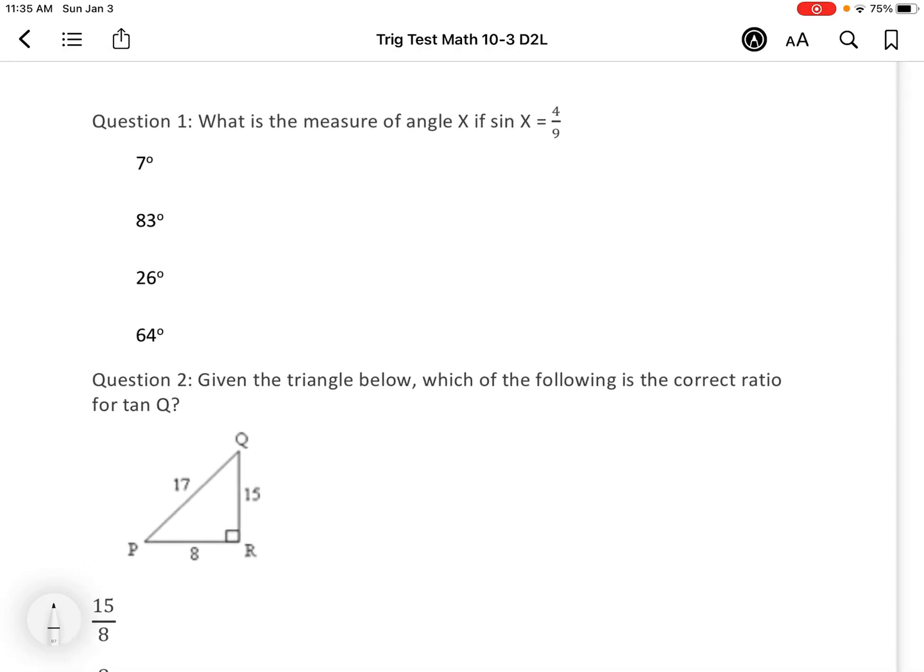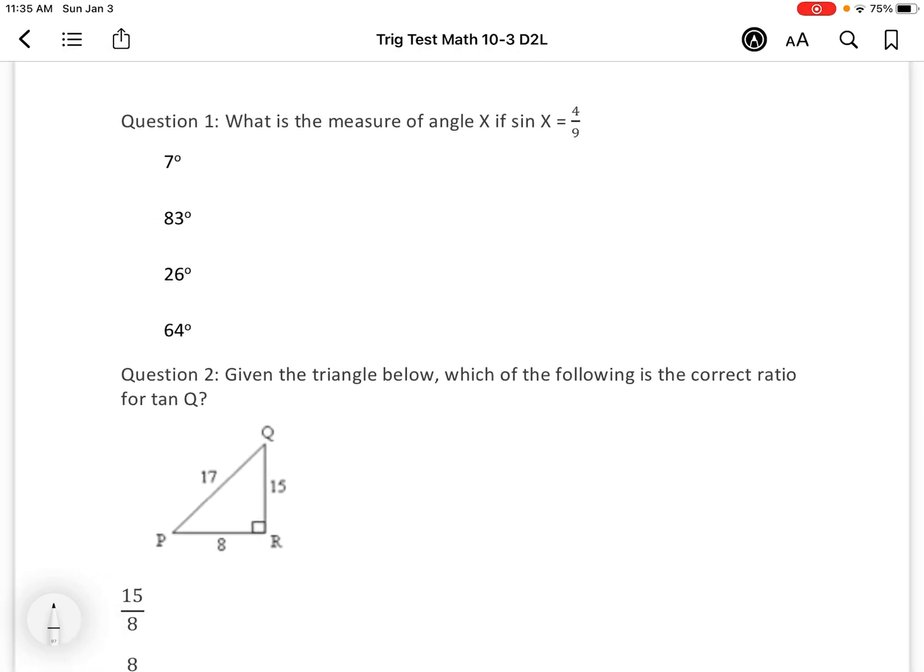What is the measure of angle x if sine x equals 4/9? Imagine a right triangle, and let's say this is our x over here.